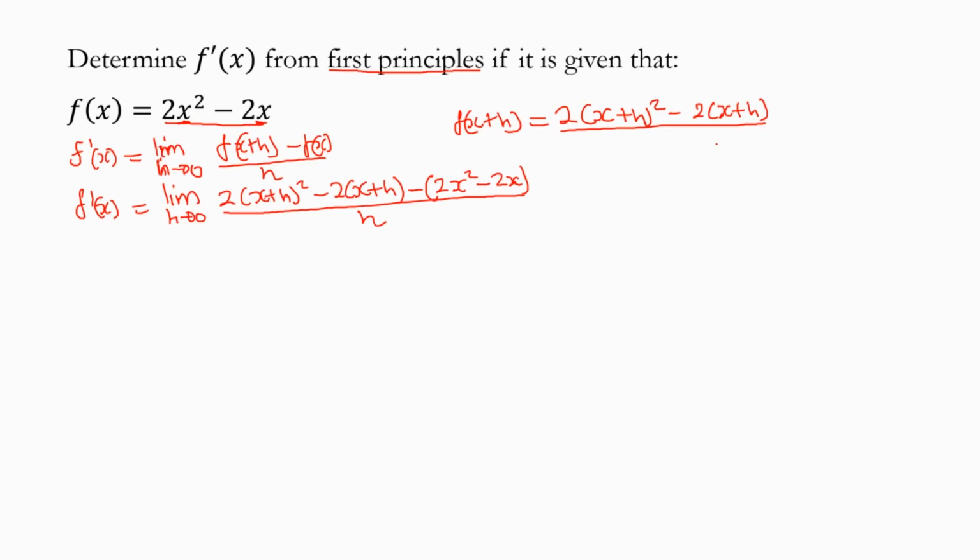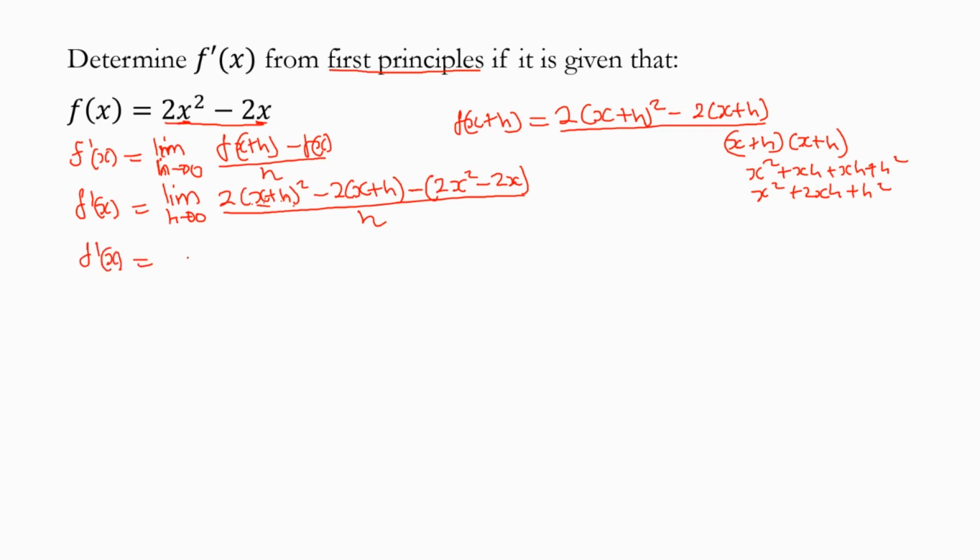Let me show you the long way, but you must know how to expand square binomials. x plus h times x plus h is x squared plus xh plus xh plus h squared, which is x squared plus 2xh plus h squared. But you can use your square binomials here: you square the x, you multiply x and h by 2, becomes 2xh, and then you square the h, becomes h squared. So let's just do that.